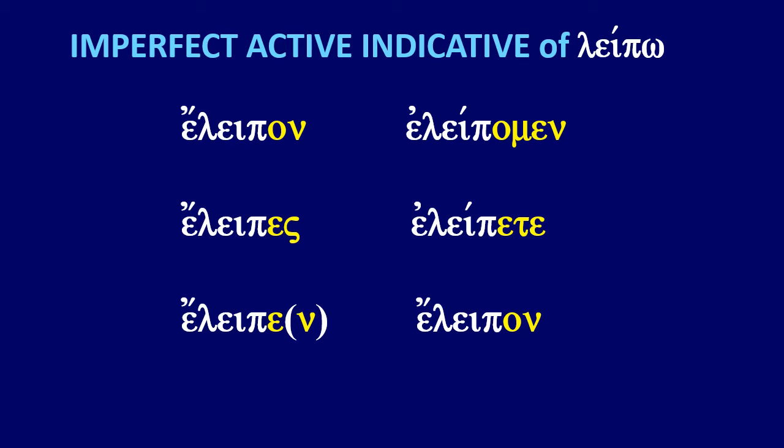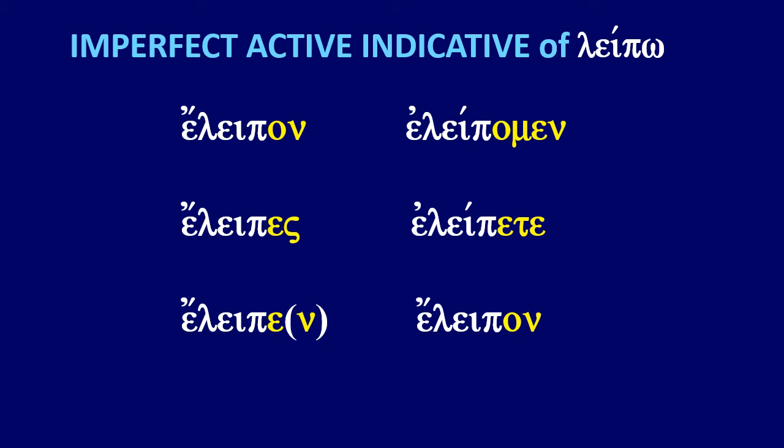And so what would be the difference between the second aorist active indicative of leipo versus the imperfect active indicative? They have an augment, they have the same endings. The difference is in the stem. You'll notice that the stem is whole or complete for the imperfect tense form, whereas the epsilon drops out for the second aorist tense form.